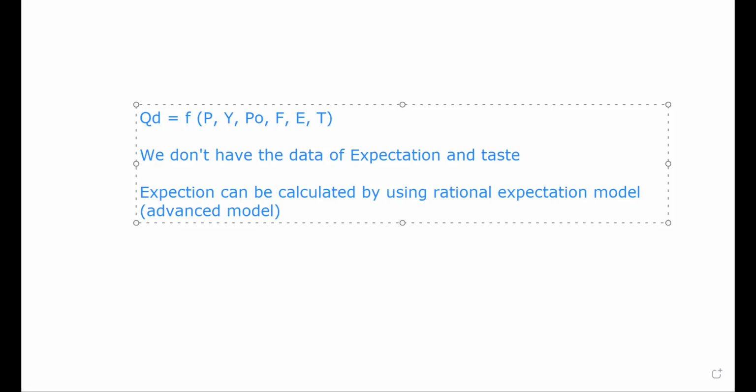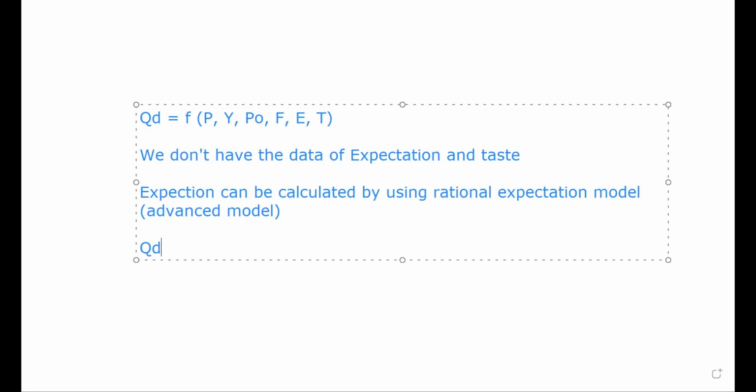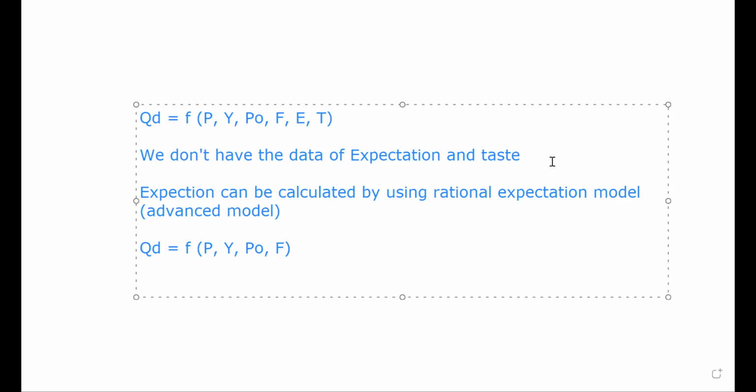However, if you cannot run this model, you only run, for example, Q demand as a function of P, Y, other prices and family size, and then we get the estimated result.